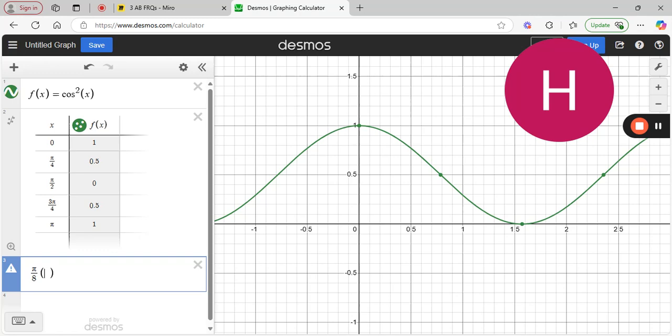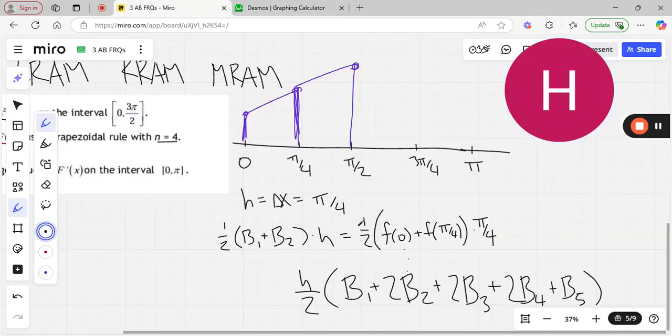Okay, so I want to take pi over 8, and I want to multiply it by base 1, plus 2 base 2, plus 2 base 3, plus 2 base 4, plus base 5.